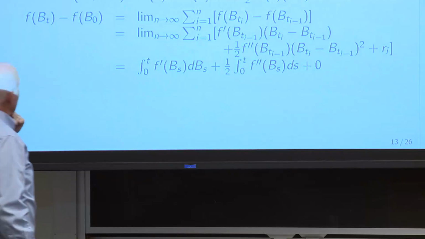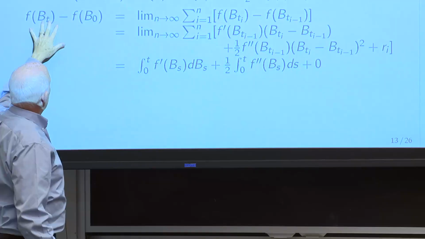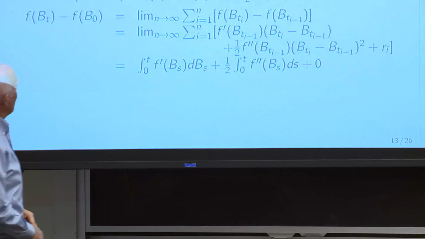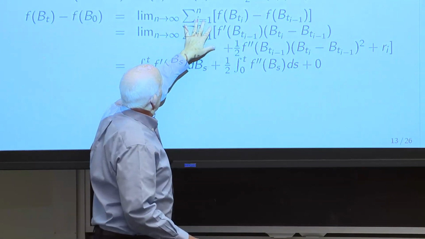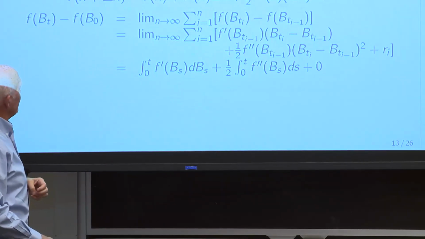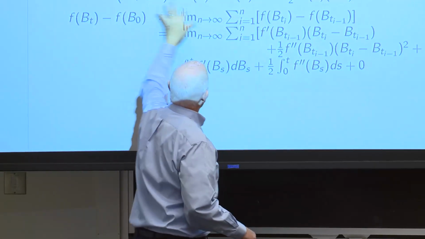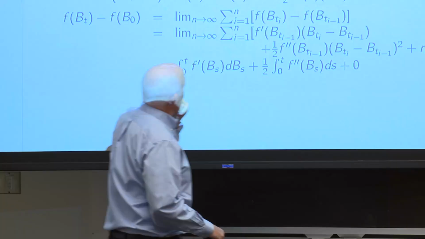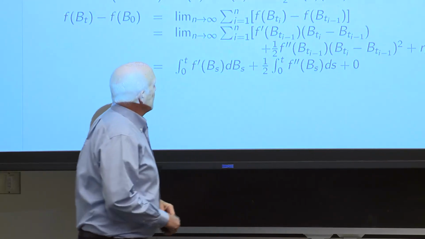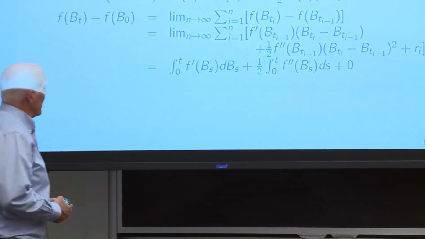Then if we take the difference of f at time t with B minus f at time 0 with B, we're looking at the sum of the increments from time t1 to tn, and those increments are equal to the sums of the derivative of f times the increment of B plus a half the second derivative of f times the squared increment plus the remainder terms.